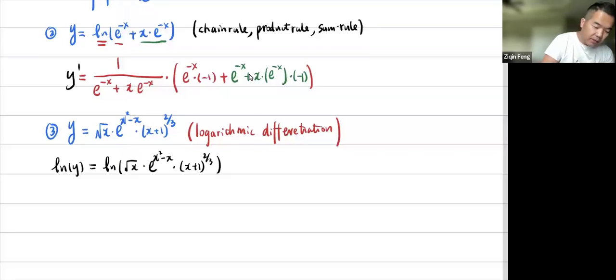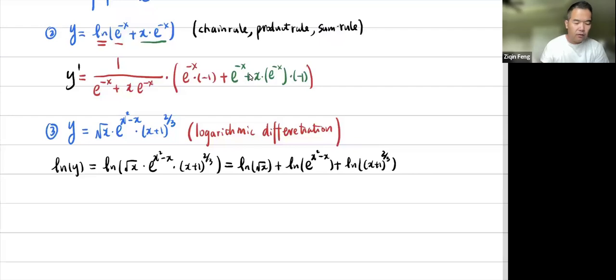Remember that the logarithmic function can change a product to a sum. So this is natural log of the first factor, root x, plus natural log of the second factor, e to x squared minus x, plus natural log of the third factor, which is x plus 1 to the power 2 over 3.